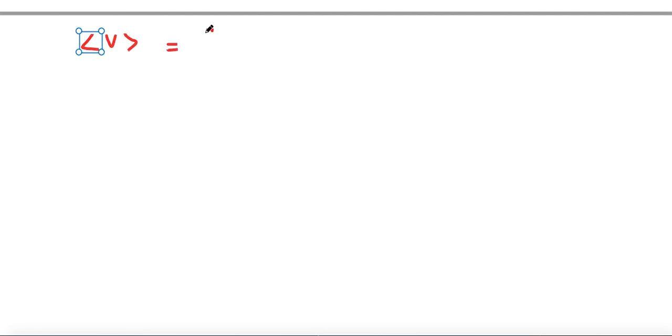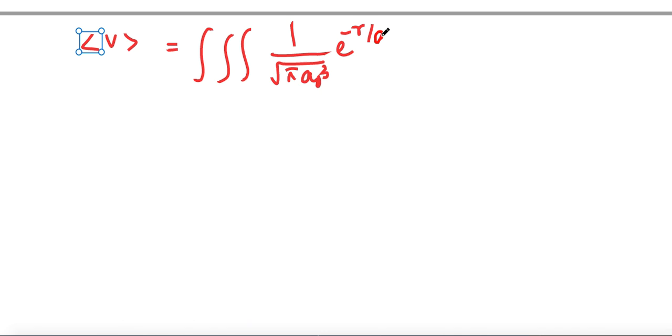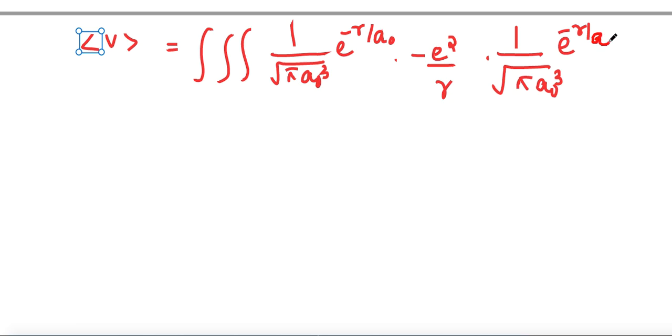Instead of psi star, we have 1 by root of pi a0 cube e raised to minus r by a0, and the potential energy is given by minus e square by r, into again psi, 1 by root of pi a0 cube e raised to minus r by a0.